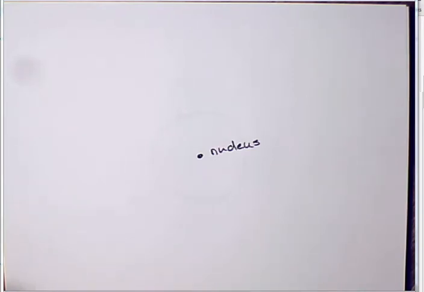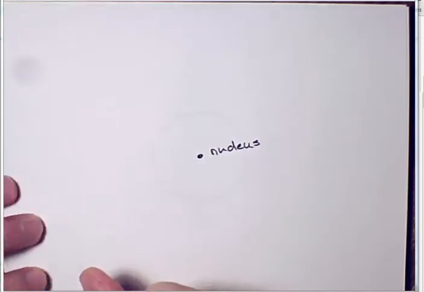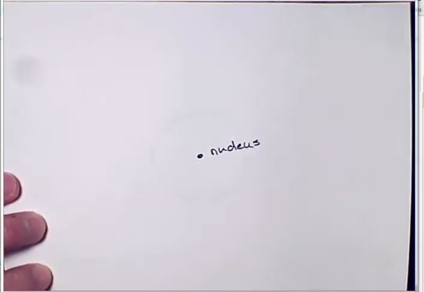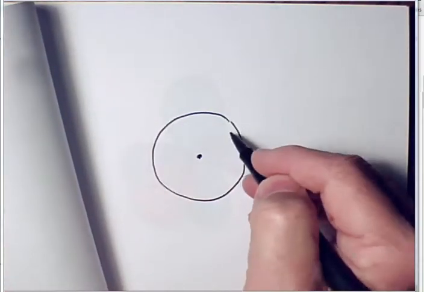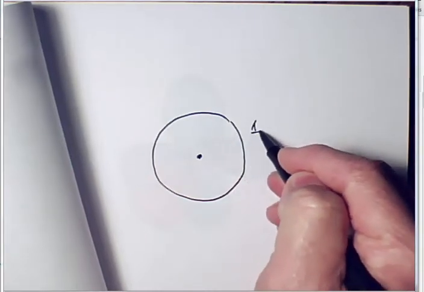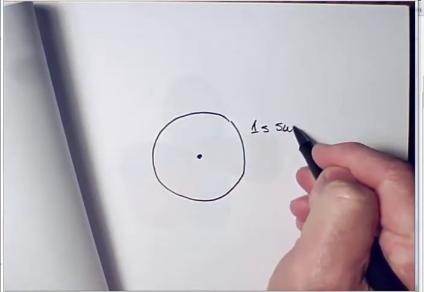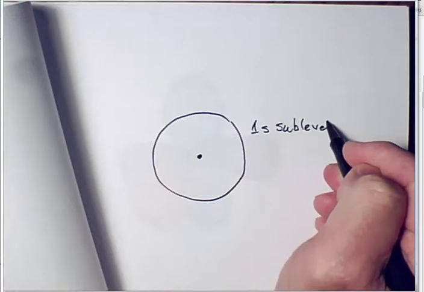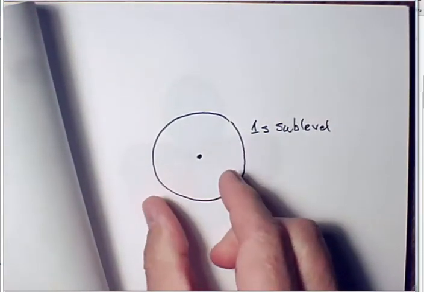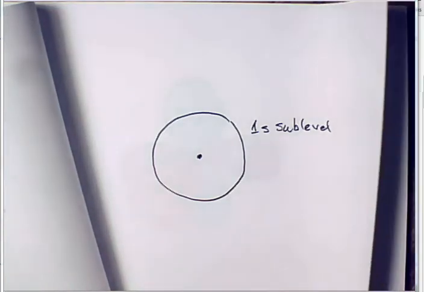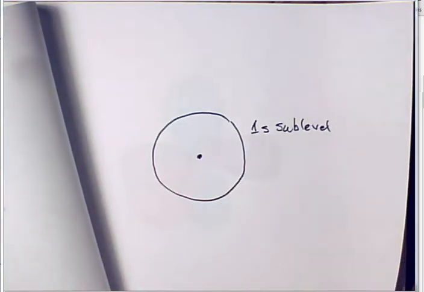What is that first sublevel? 1 is the primary level. What's the sublevel? S. So this is the nucleus. Pay attention. There's the 1s sublevel.